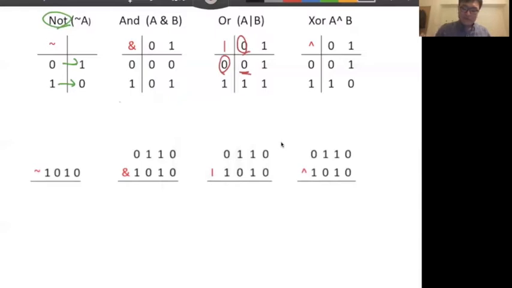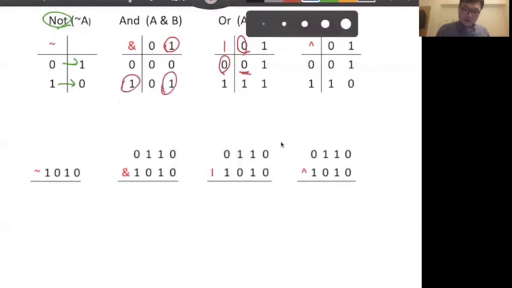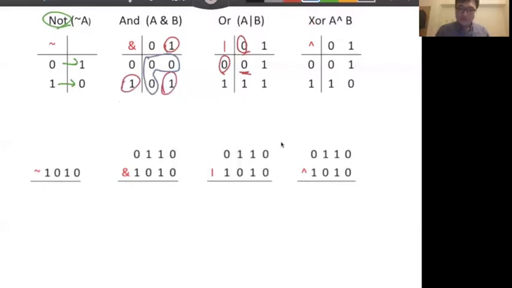For AND, you have to have two ones, then you get one. Otherwise, everything else is zero. For OR, you get zero only if both numbers are zero. Otherwise, you get one. XOR, the exclusive OR, is very different. It compares two values.